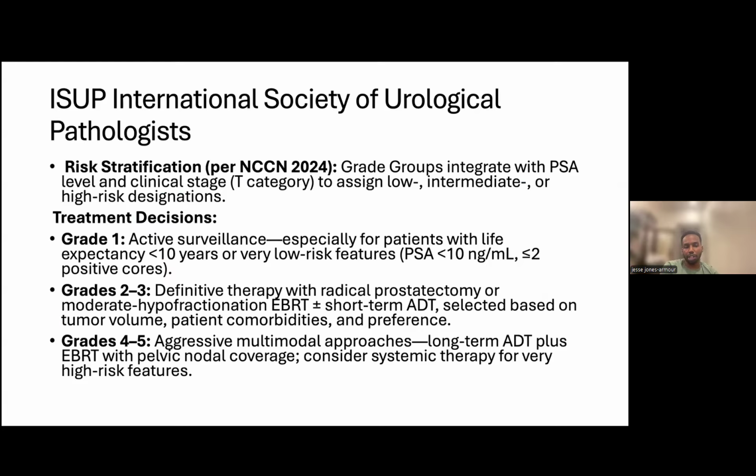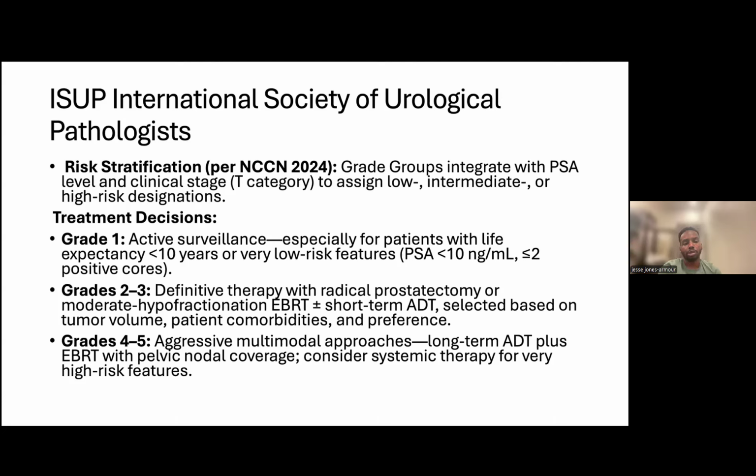So just as I mentioned before as well, this just breaks down the treatment a little bit better. So grade group 1, you generally just do active surveillance, which is when you follow up with these patients. You will repeat the PSA every year, and you may repeat prostate biopsy if it's significantly going up.